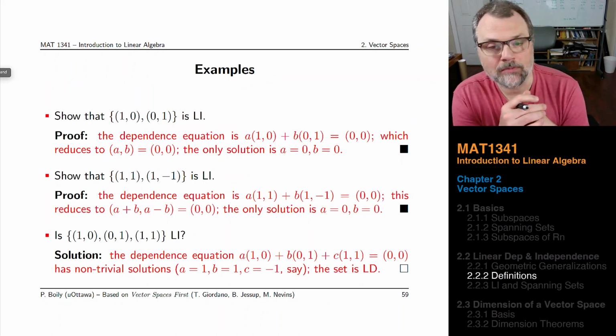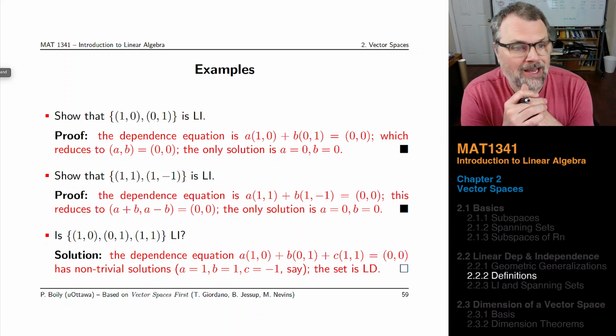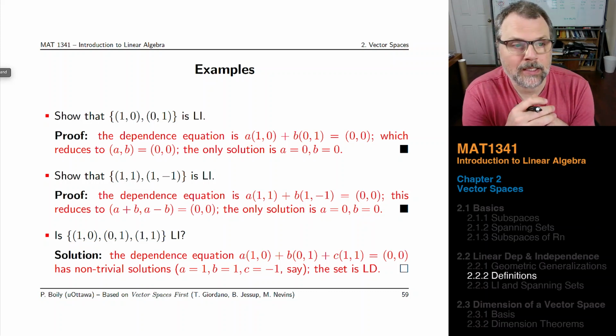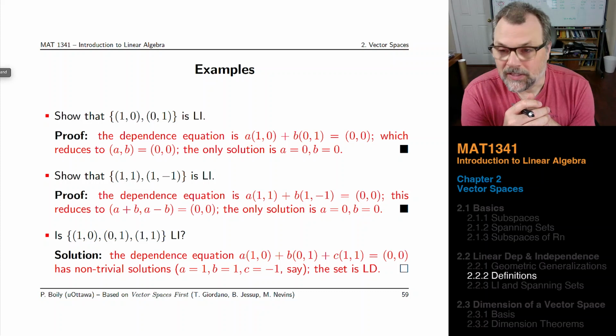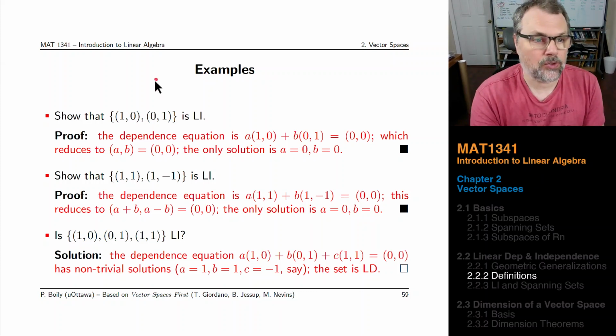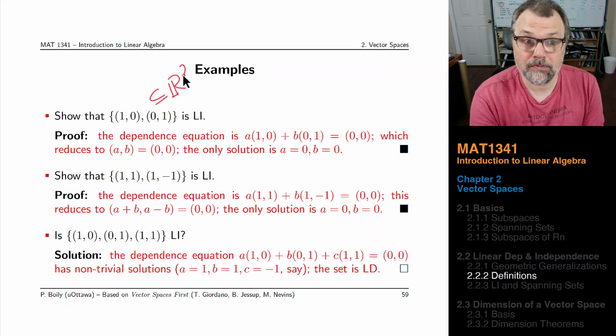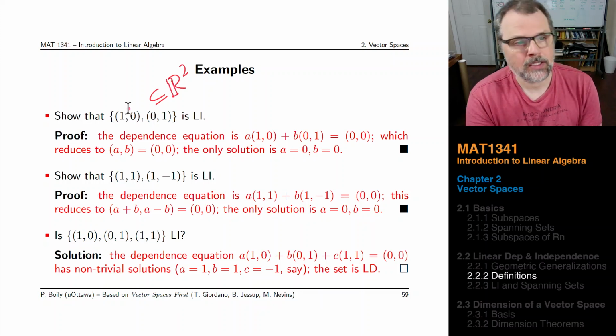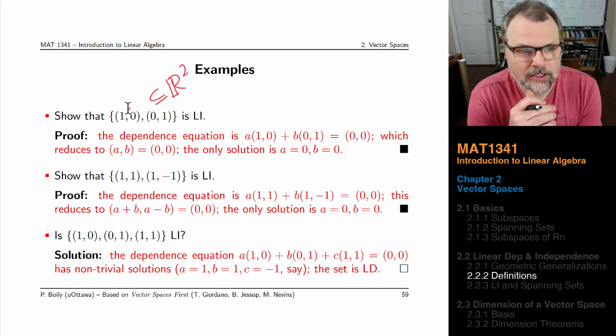Let's do some examples. How would you show that the set {(1, 0), (0, 1)}, which consists of vectors in R2, right? This is a subset of R2, not a span, it's just two vectors in a set. How would you show that it's linearly independent?